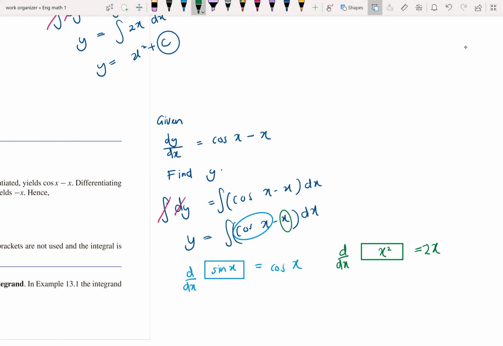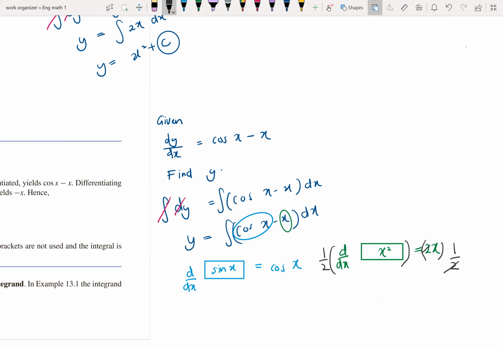So what we have to do is multiply by 1 over 2 to cancel out the 2. This one also we have to multiply by 1 over 2.